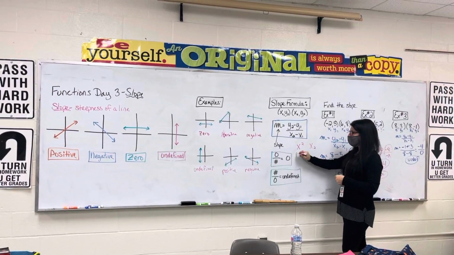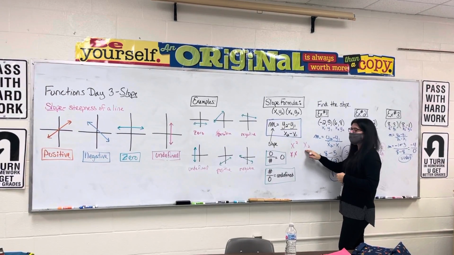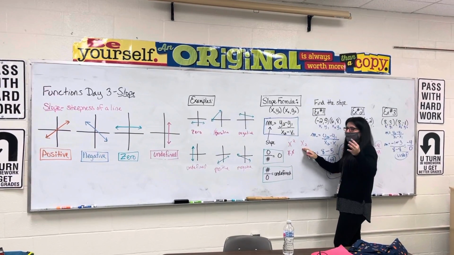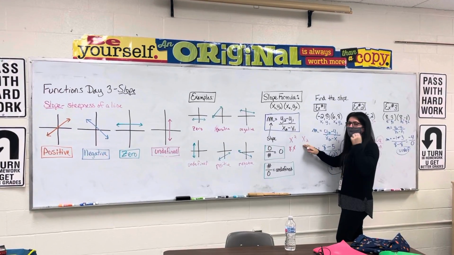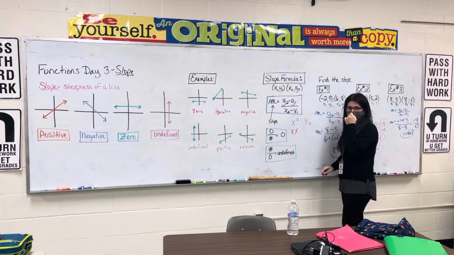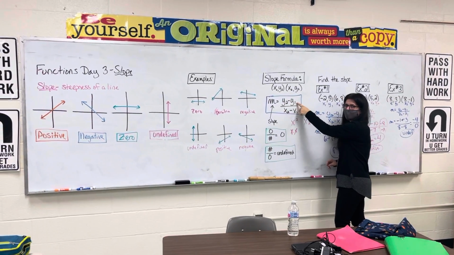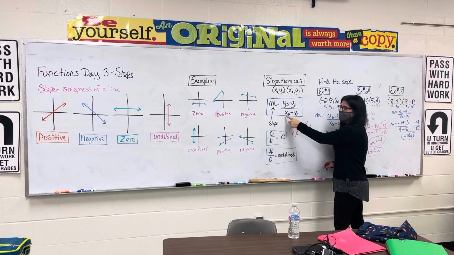X squared means x times x. This is an operation. This is a name. No different than what your name is. It's a name of a number. So don't get those confused when you look at that formula.